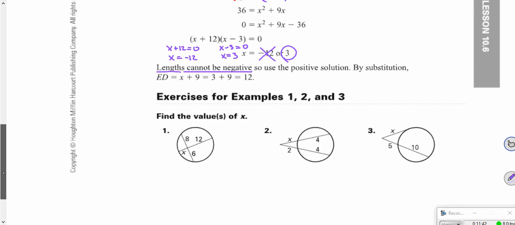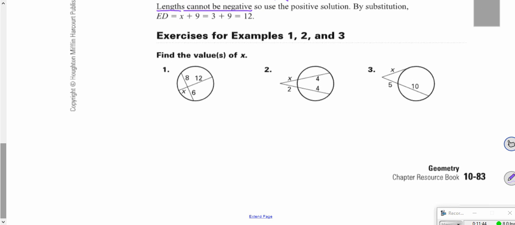Now, let's do some of these ourselves. Here's the exercises at the backside on the bottom of your study guide. So find the values of x. Now again, here we have chord segments. Again, one side times its other side equals one side times its other side of the other one.